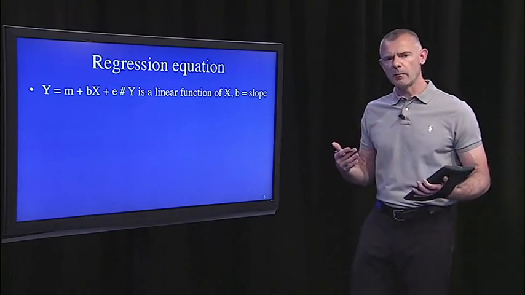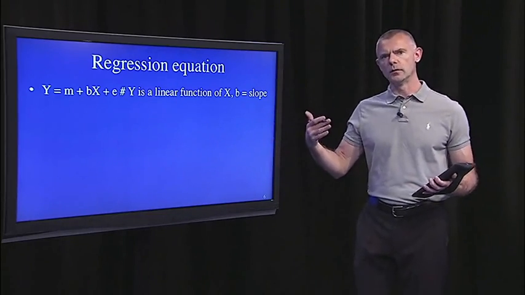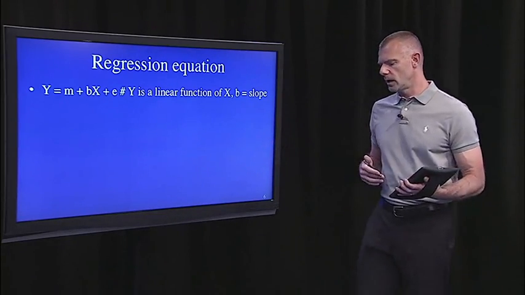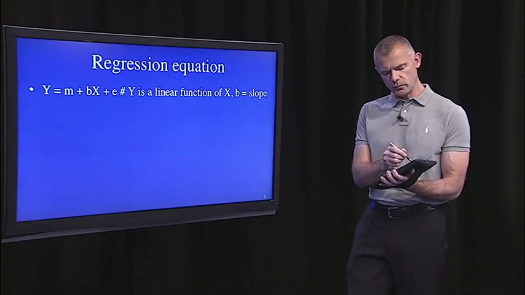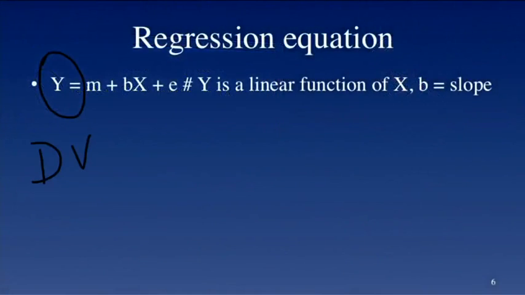When we're talking about experimental designs, and when we get into t-tests and ANOVA later in the course, I'll typically refer to y as the dependent variable, and I'll refer to x as the independent variable.